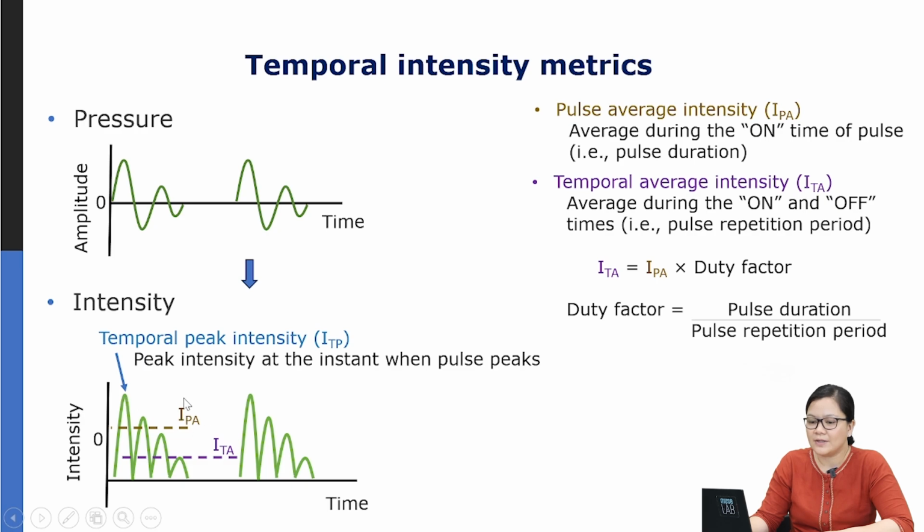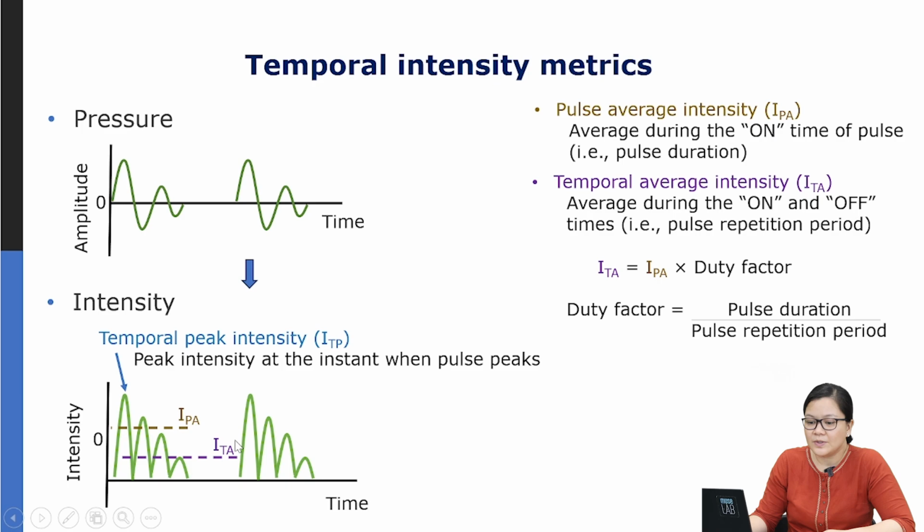Then we can also calculate IPA, which is much lower than the temporal peak intensity. IPA corresponds to the pulse average intensity, and this is the average intensity during the on time of the pulse, or during the pulse duration. We can also calculate the temporal average intensity, which is ITA. This is the intensity averaged during both the on time and the off time of the pulse, over the entire pulse repetition period.